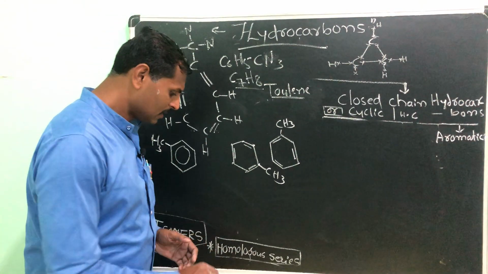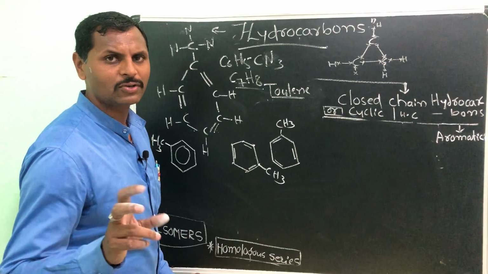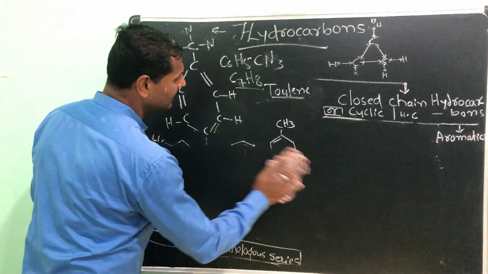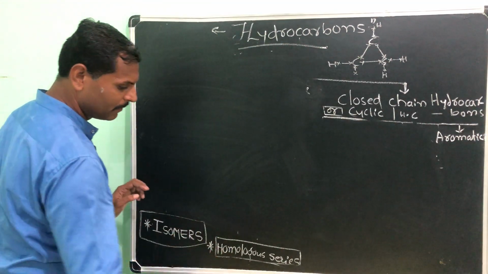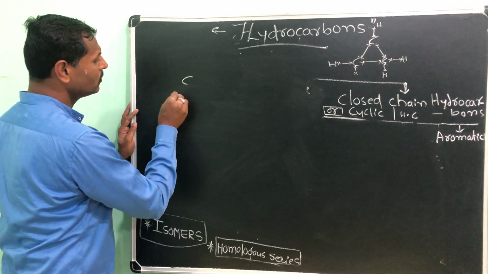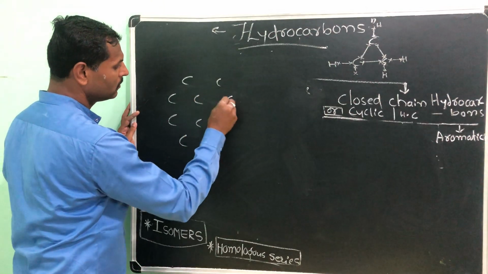Next, one more I want to take as an extra study. Please take it down. That is naphthalene. Directly I will write like this. See here, 1, 2, 3, 4, 5, 6 for this one.